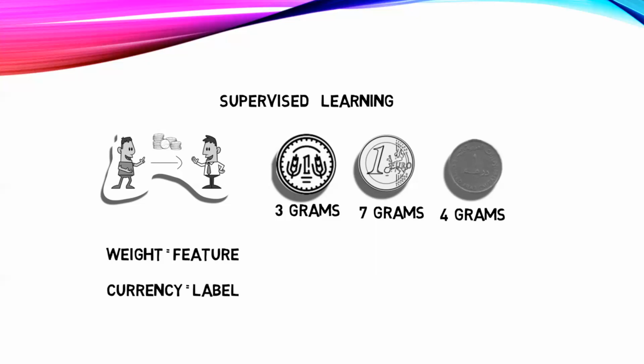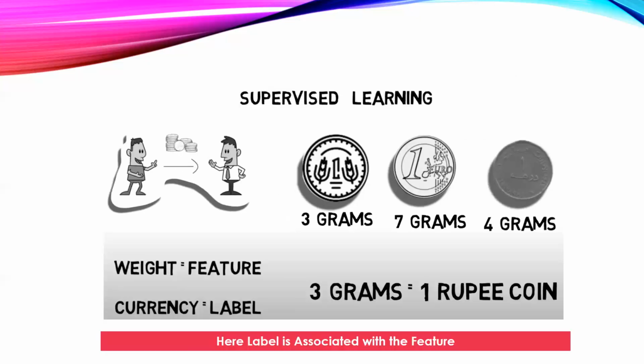So when there is a label in the data set, it becomes supervised learning. With the weight, I can just say, okay, this is a 1 rupee coin. It's already written: all 3-gram coins are 1 rupee, all 7-gram coins are 1 euro, because it is labeled.